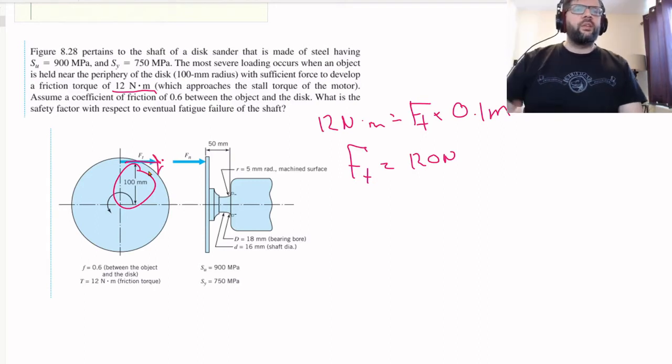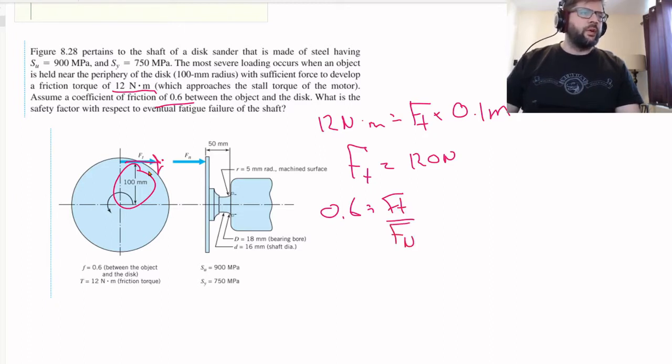So we were given the coefficient of friction of 0.6. So we know that the ratio between the friction force and the normal force is a function of that. So 0.6 is equal to Ft divided by Fn here.